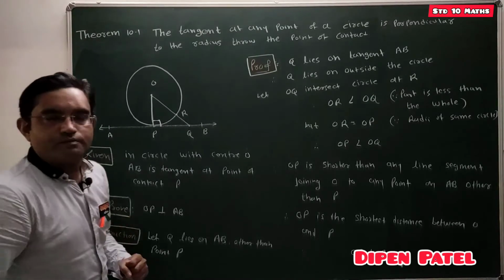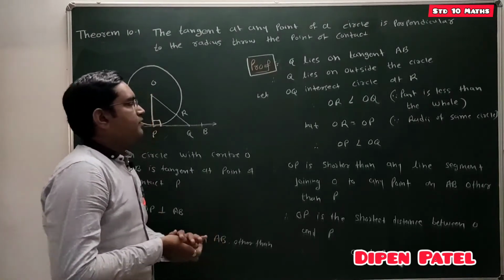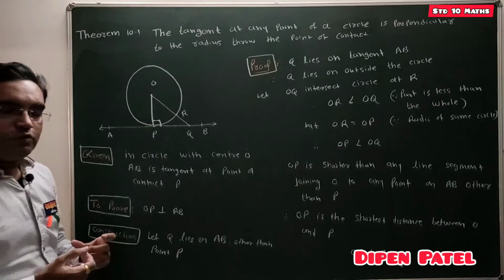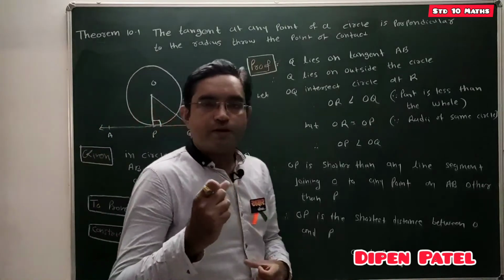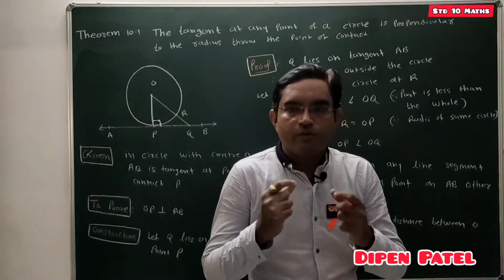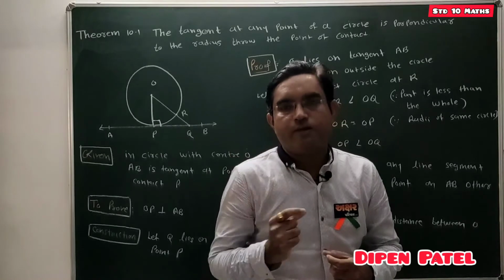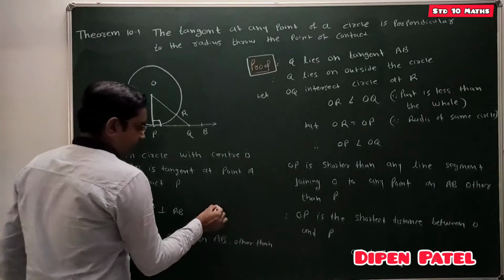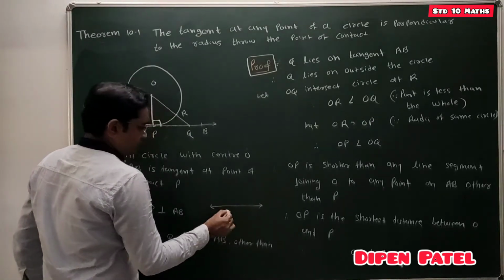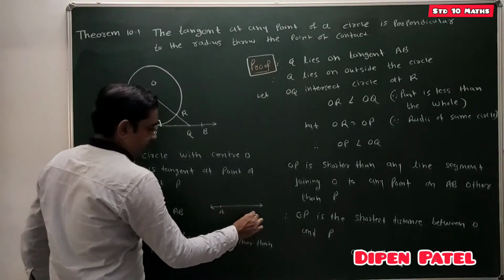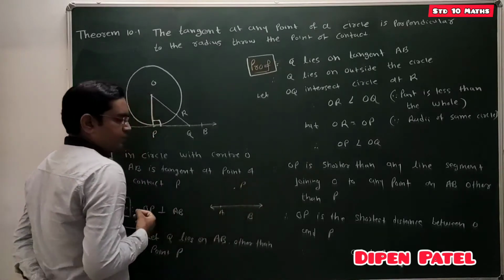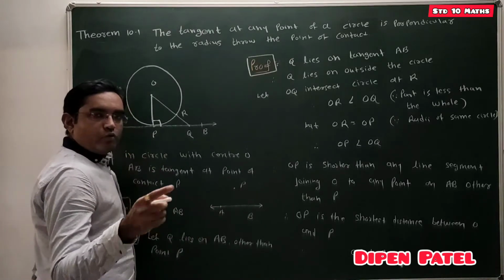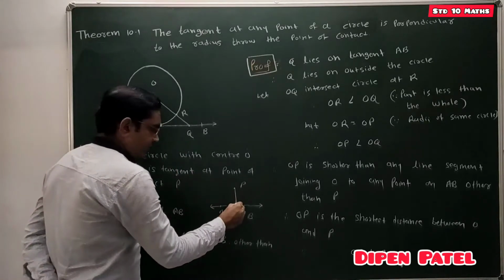Now proof of this theorem. So how can we prove that this line OP is perpendicular to AB? For that we have to consider the concept of shortest distance of a point from the line. So what is that concept? The concept of shortest distance of a point from the line says that, for example, this is line AB and this is point P. If you want to find the distance of this point P from this line AB, you have to draw one perpendicular to this line AB.